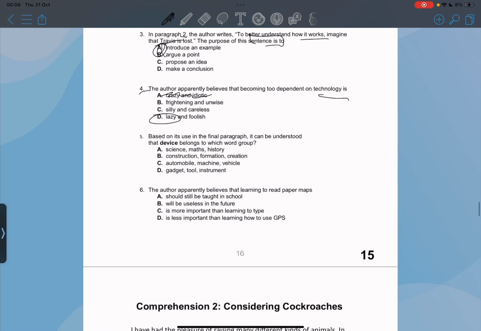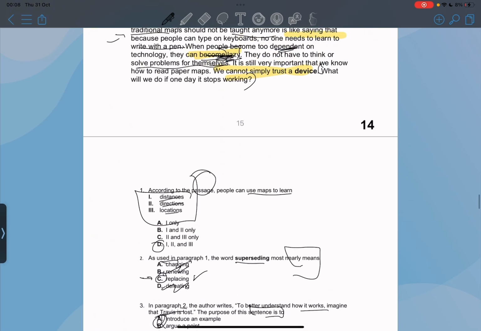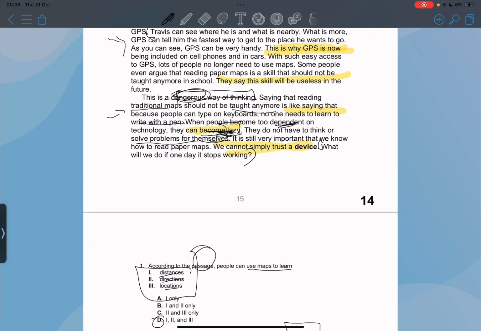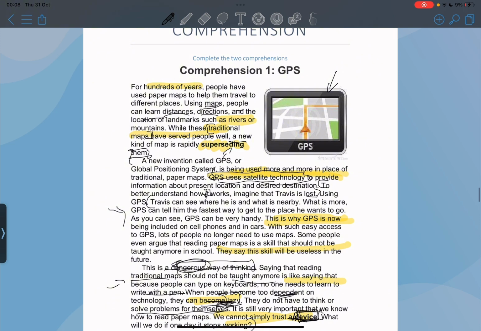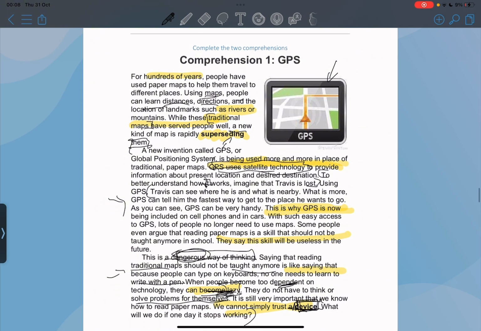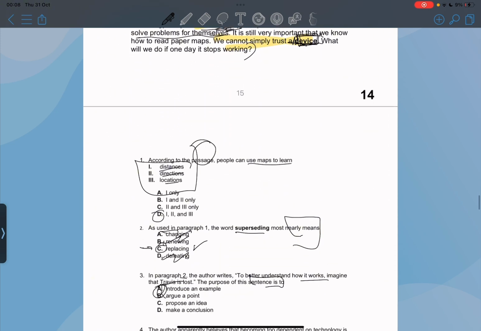Okay, question 5. Based on its use in the final paragraph, it can be understood that that device belongs to which of the following word groups. So we cannot simply trust a device. What he's talking about here is the thing that is doing the GPS navigation, whether that's your phone or a TomTom.